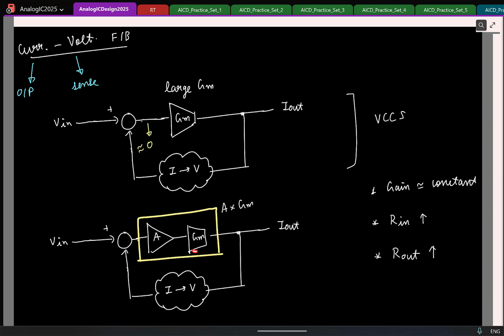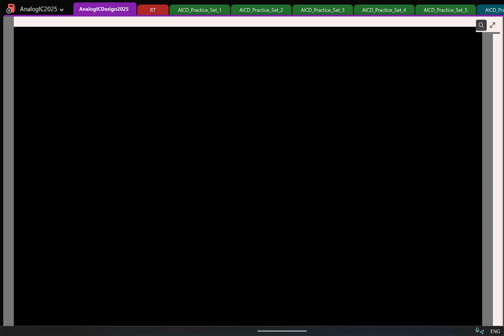So let's say I take a poor voltage controlled current source, which is this thing. What is the simplest voltage controlled voltage source you can think of? Yeah, it's a MOS transistor. So where will you apply the inputs here?